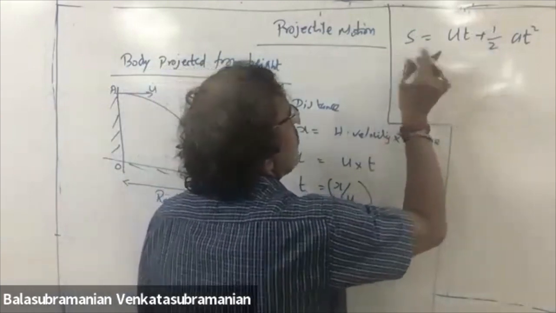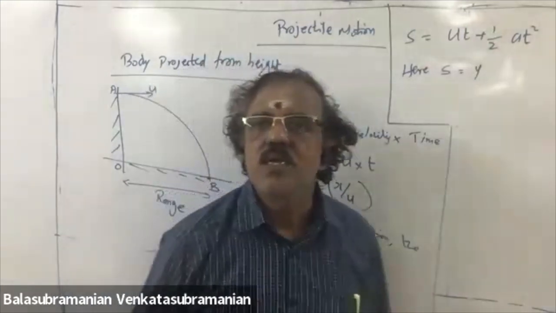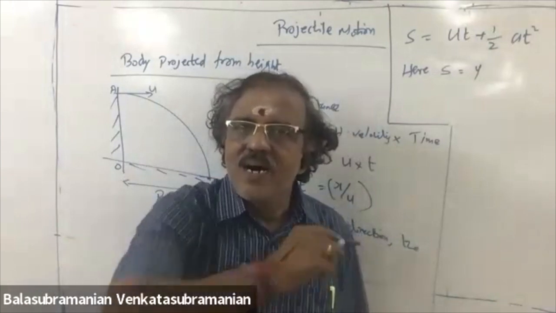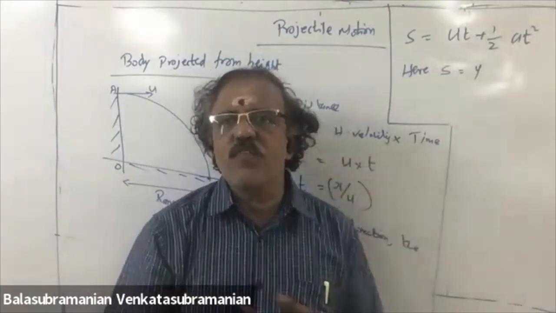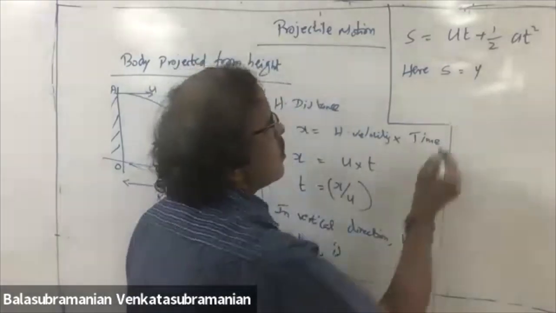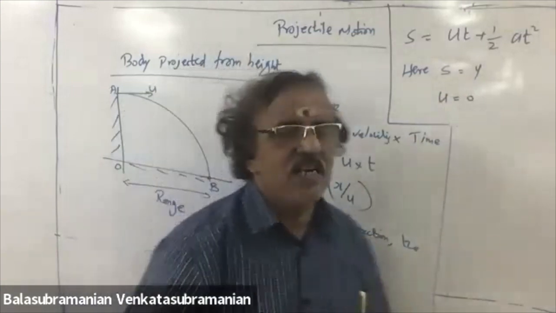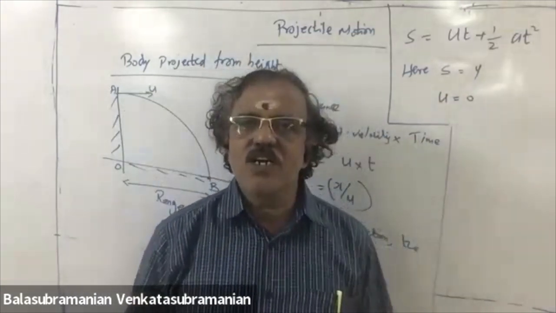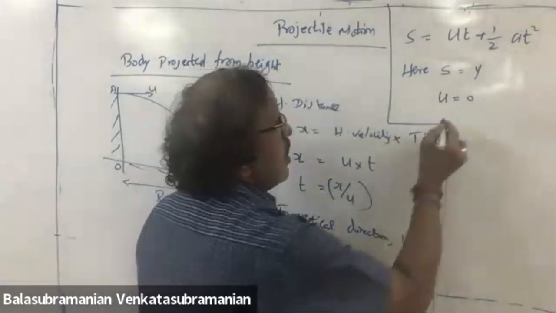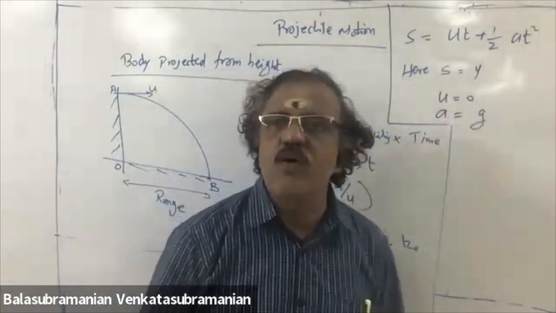Here, the vertical displacement S, you take it as y. In vertical direction, horizontal velocity has got no effect. That means u is equal to 0. In vertical direction, horizontal velocity has got no value at all. That is 0. Acceleration is replaced by g. So a is equal to g.